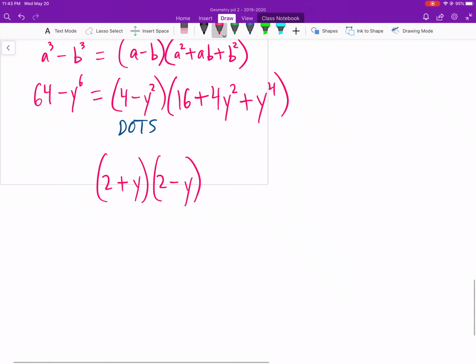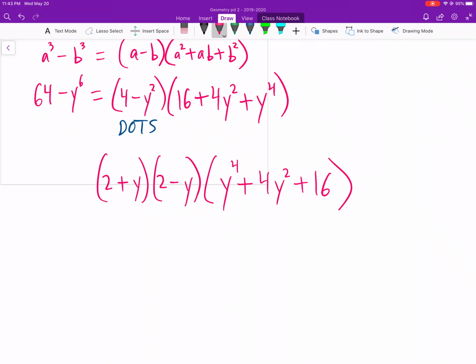And then what about that trinomial? What if we wrote it like this? If we rearranged it, y to the 4th power plus 4y squared plus 16. Does that look like anything to you? Remember, that's 1 there.